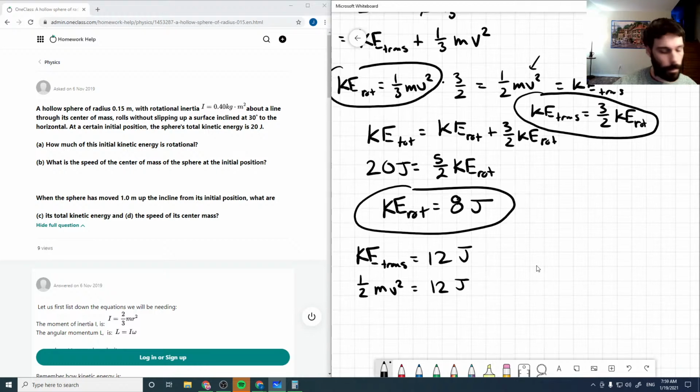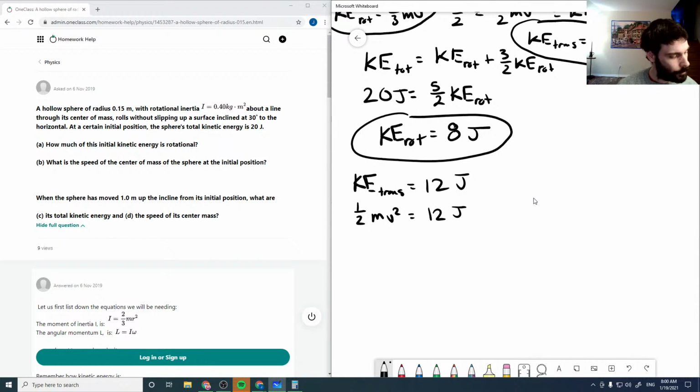Or our v is the square root of 2 times 12 joules over our mass.